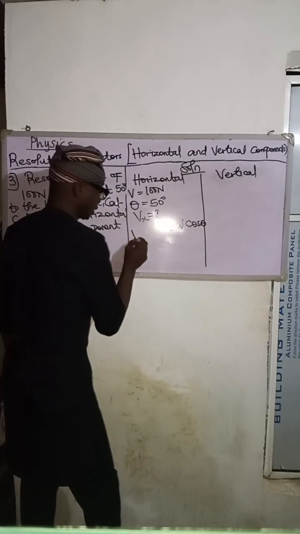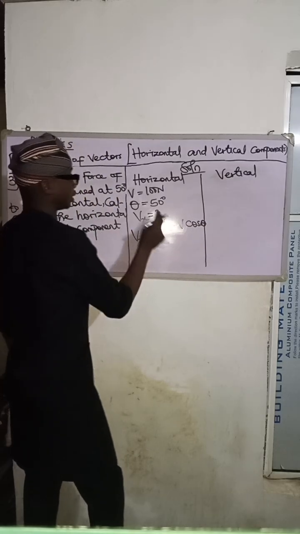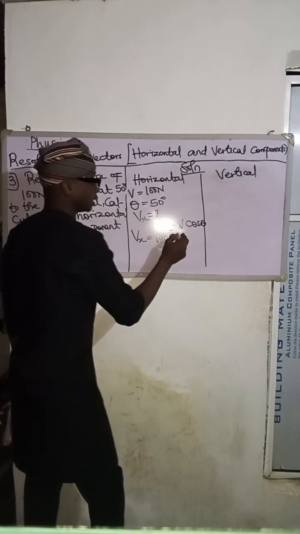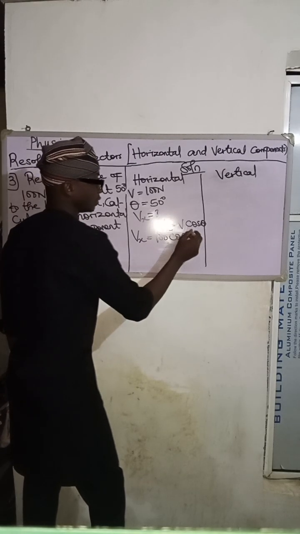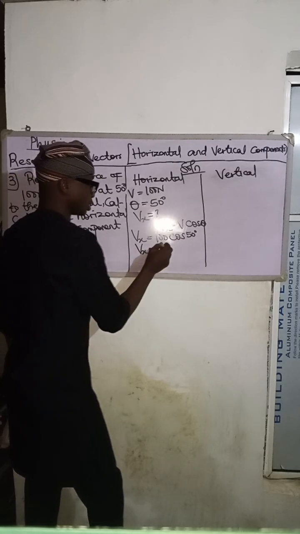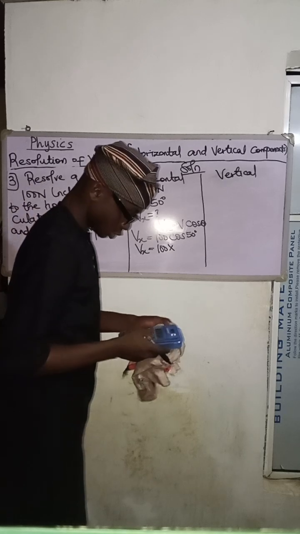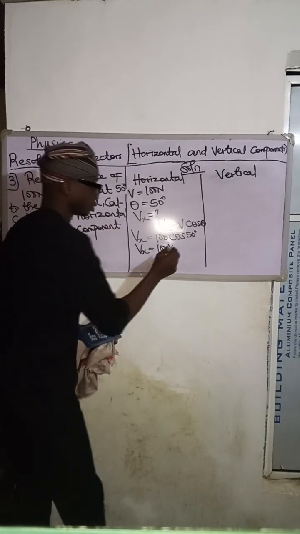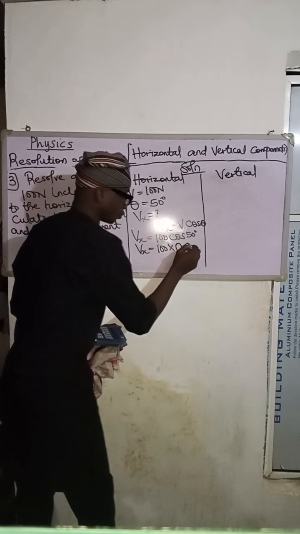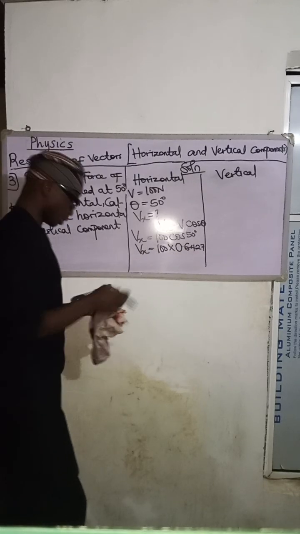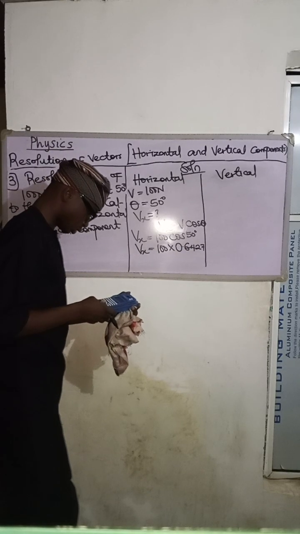Now Vx is equal to, what is V? V is already 100, cos theta. Theta is what? 50 degrees. Now Vx is equal to 100 times cos 50. You press your calculator: cos 50 is 0.6427. Then you multiply it by 100.